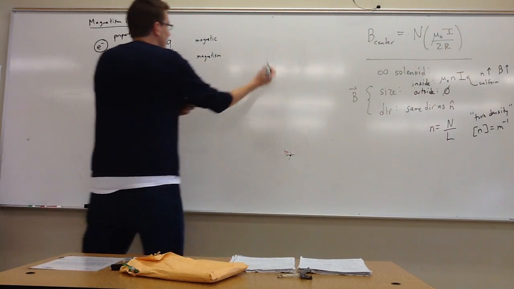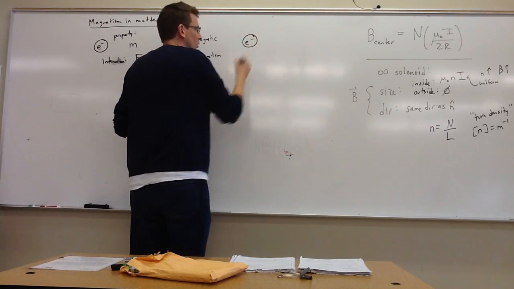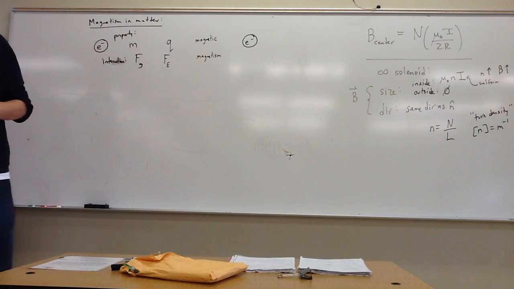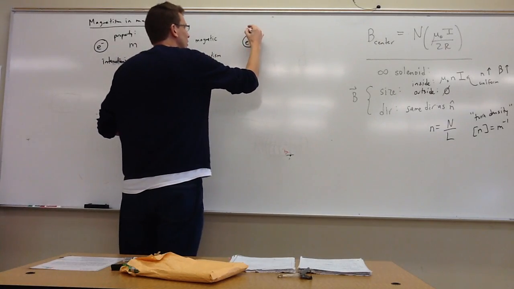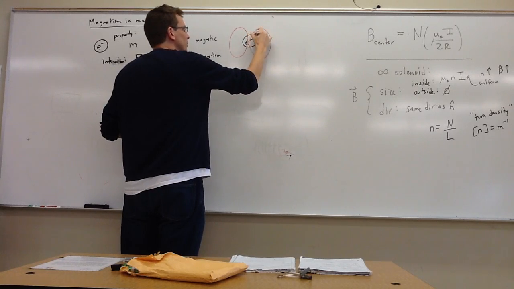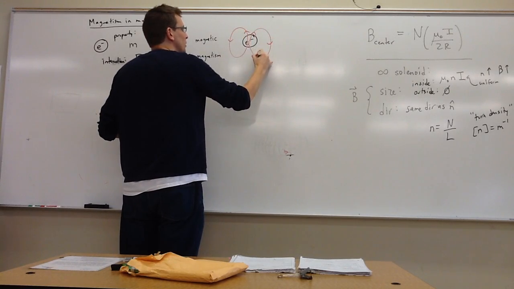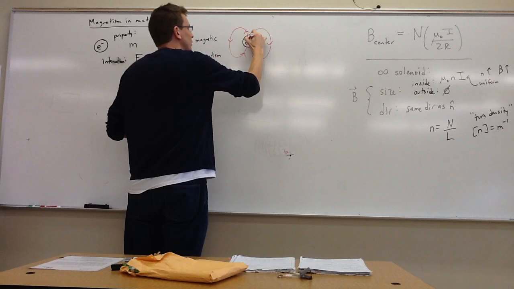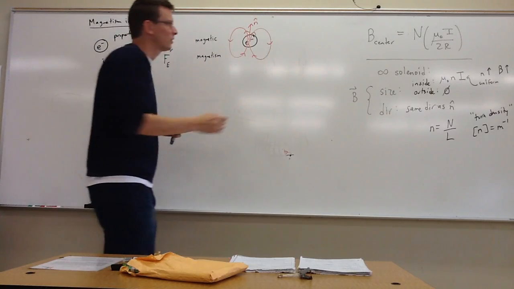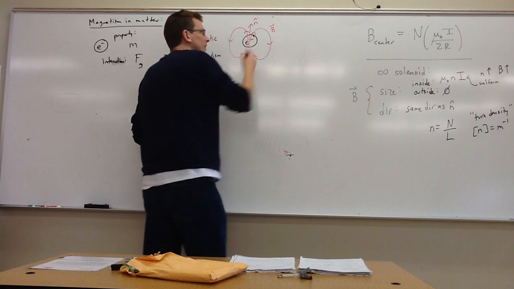Oh, and by the way, if you wanted to, you could even put down the magnetic field made by the electron. It would look like a little dipole, little magnetic dipole. It would look something like this. It would have a little normal vector like that, and the magnetic field coming out the center would be like that.